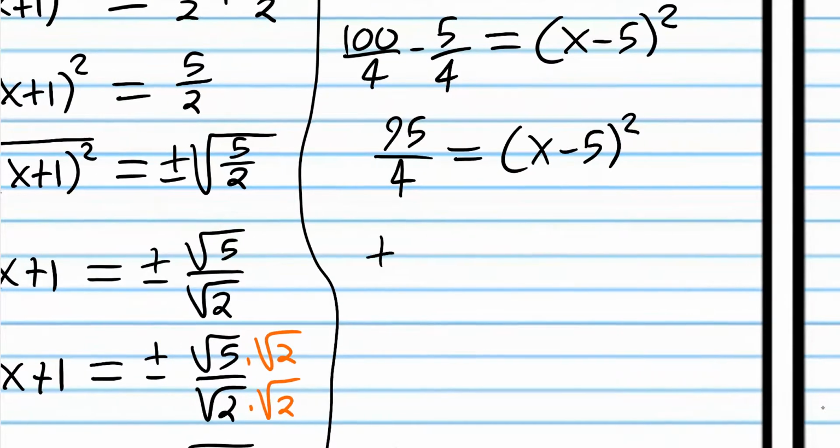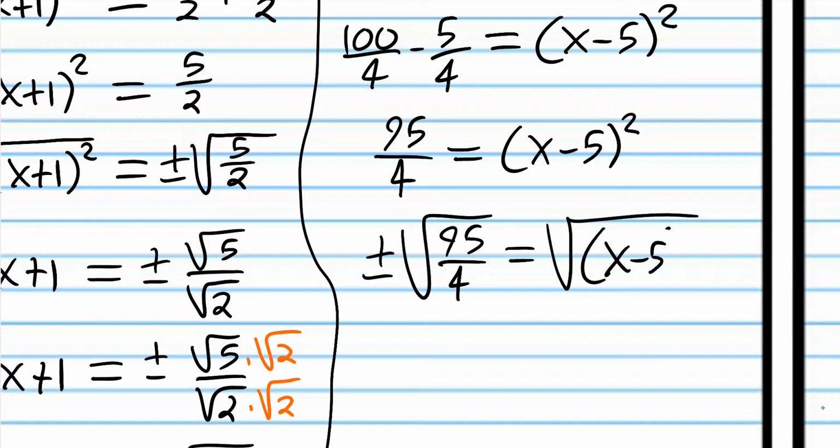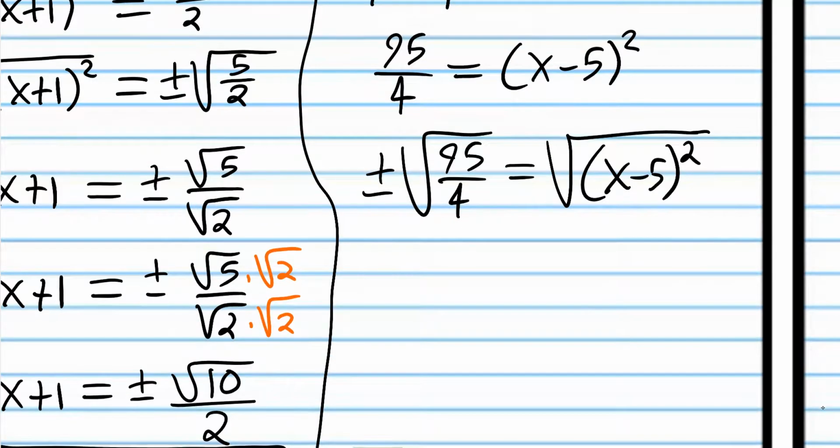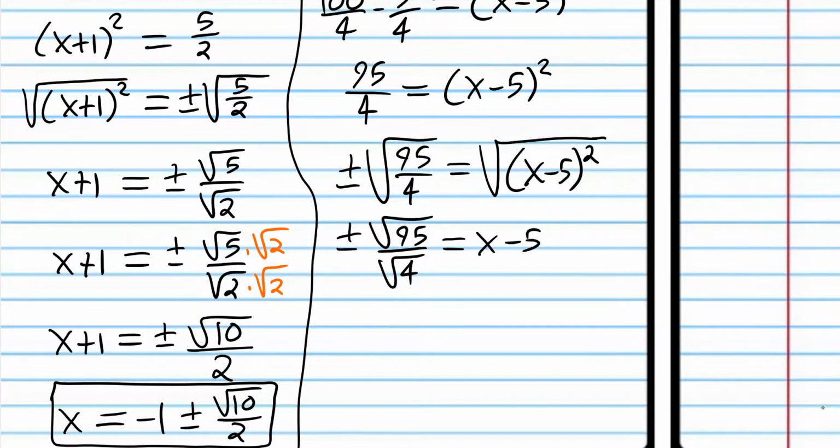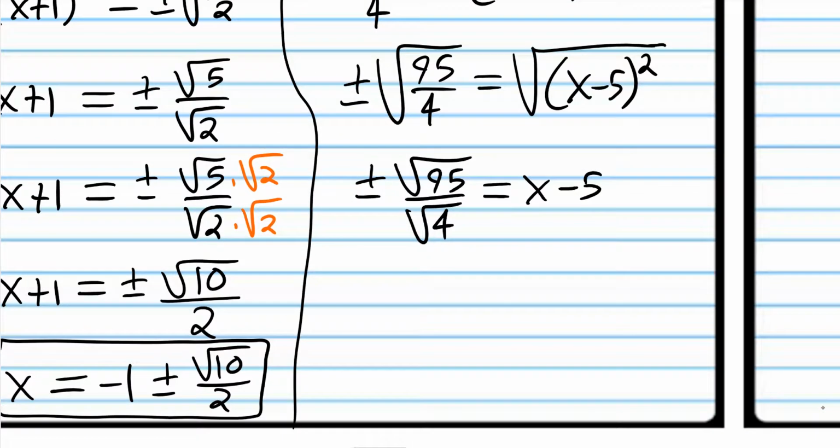And of course, we're going to have to square root both sides to get rid of that square. And we end up with x minus 5 is equal to plus or minus the square root of 95 over the square root of 4. 95 we can't really do anything with, but the square root of 4, that's going to be 2.